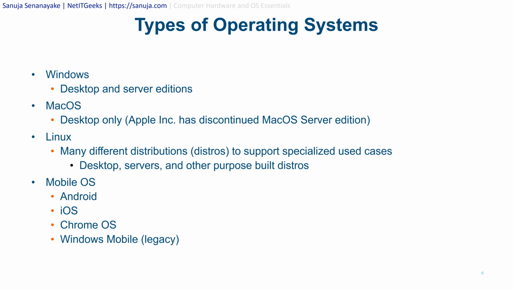Linux includes open source operating systems as well as some closed source operating systems. Many distributions, also known as distros, support specialized use case scenarios. You can get desktop operating systems, server operating systems, and other purpose-built distros as well. The purpose-built one could be Kali Linux for learning how to hack, like ethical hacking, for example.